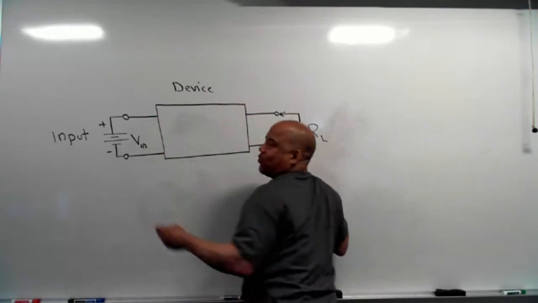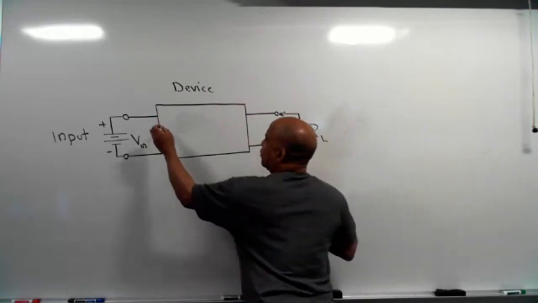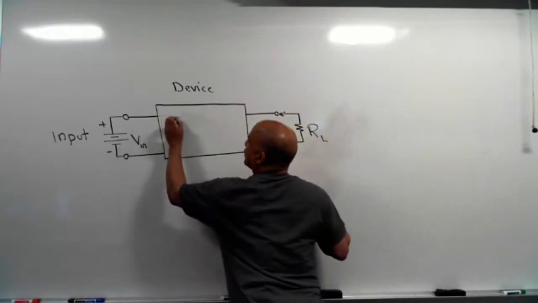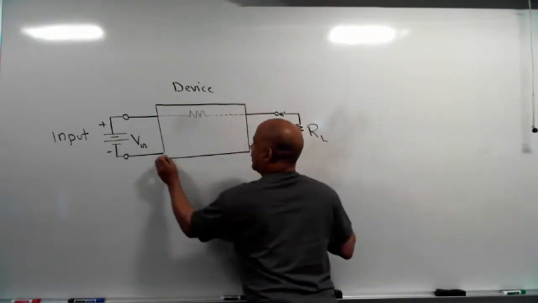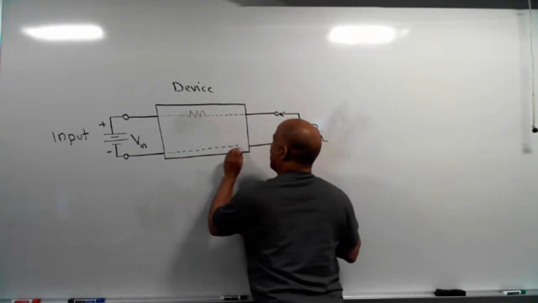This is a really simple device with two resistors in it: one resistor right here, and then another resistor right here.